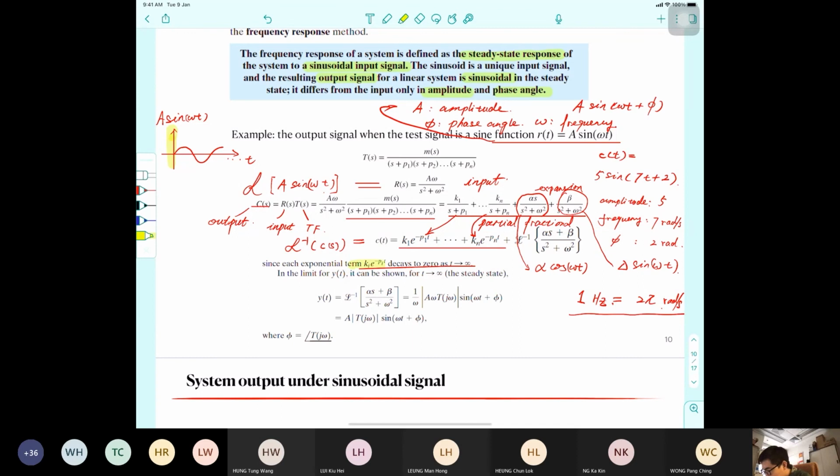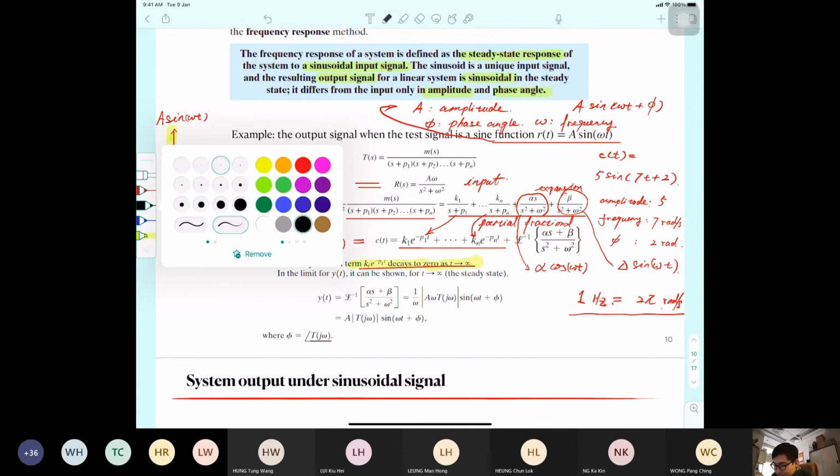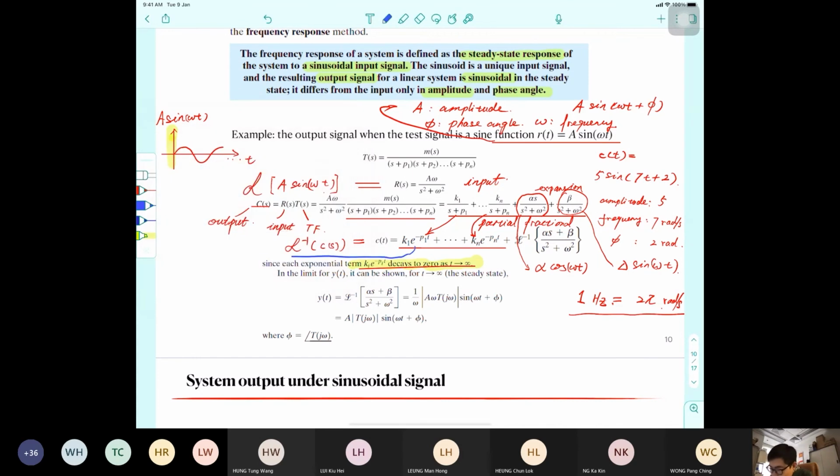When t comes to infinity, ki exponential negative pi t becomes 0. Why?